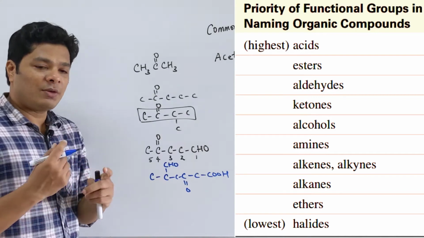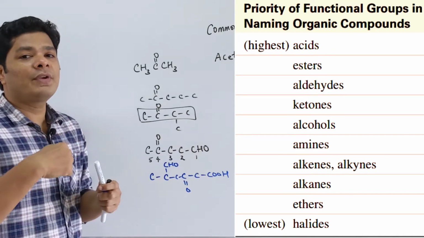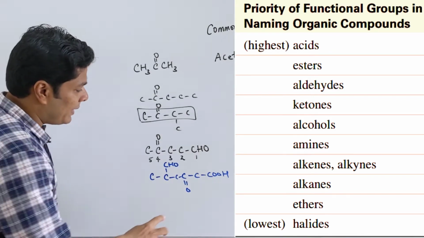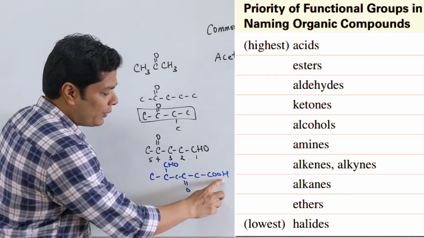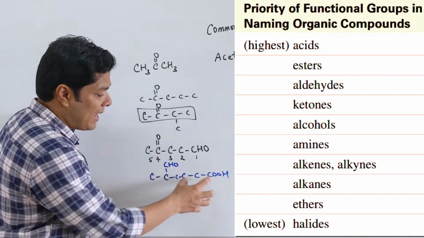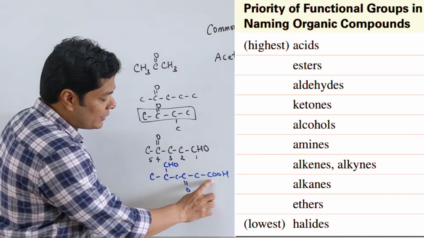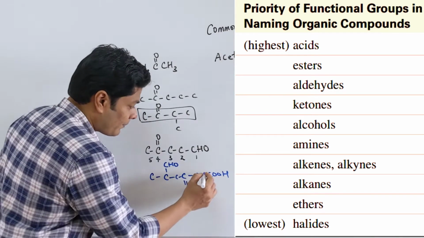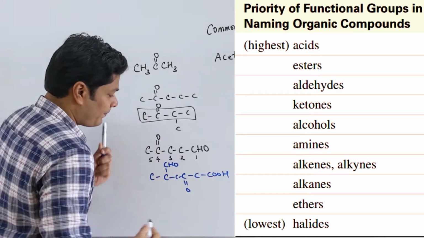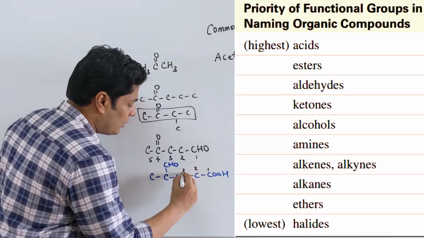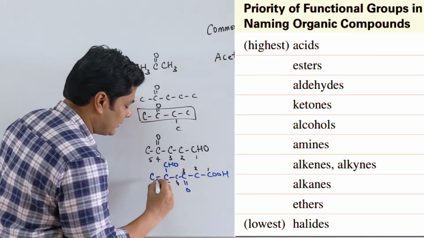Without figuring out what is the principal functional group, we cannot figure out which is the longest chain. So this is my principal functional group, COOH. So it is going to be a derivative of acid. So this is going to be carbon 1, 2, 3, 4, 5, 6.